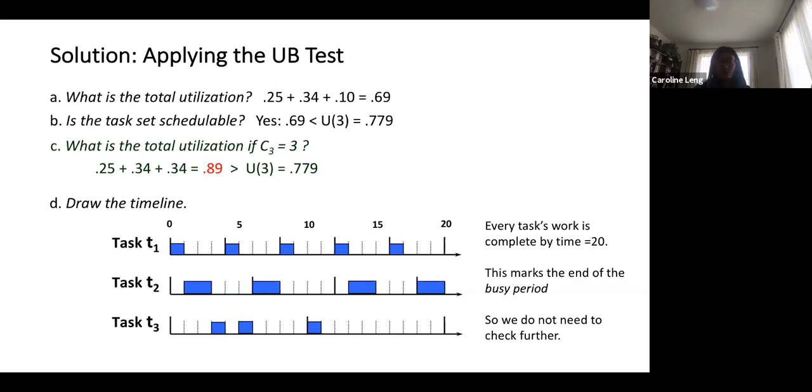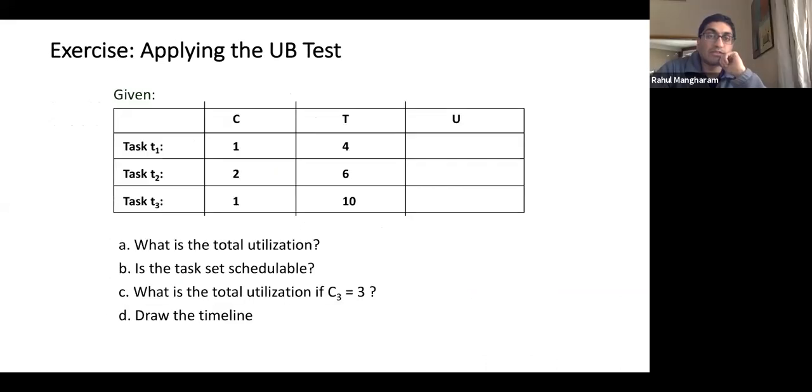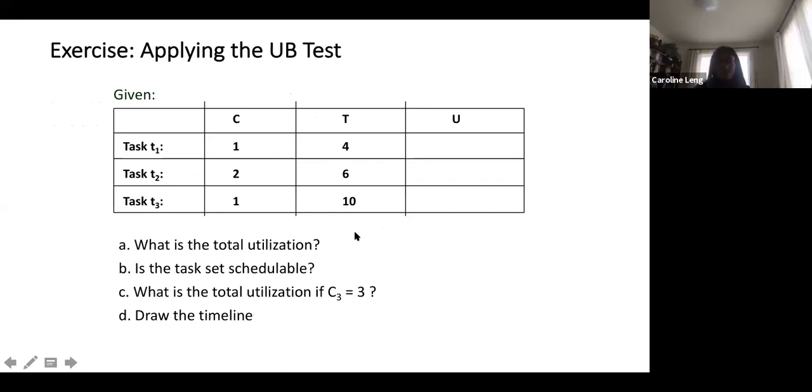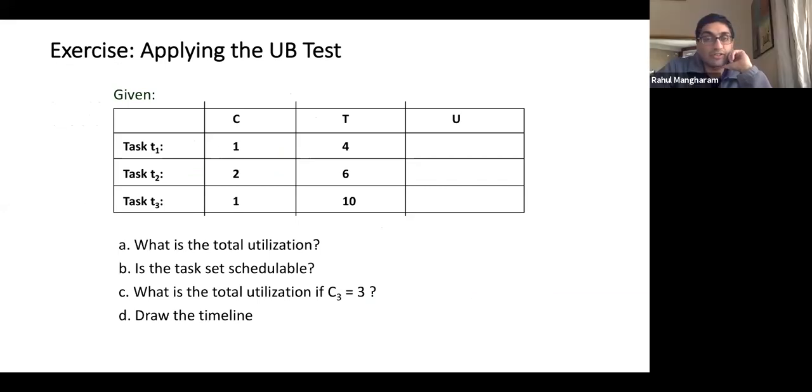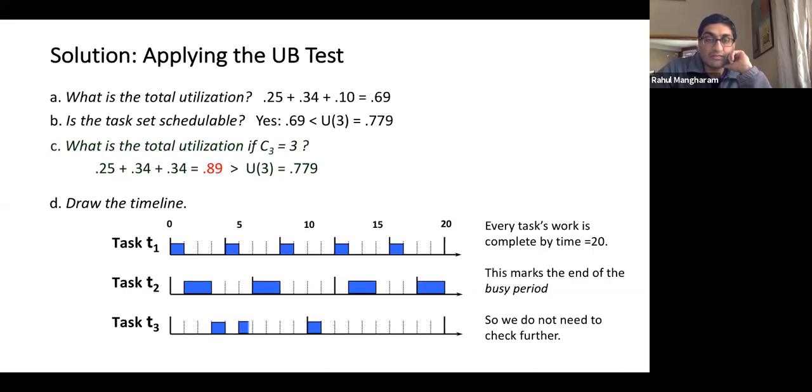What's the lowest common multiple of 4, 6, and 10? Is it 60? I feel like it should be smaller than that, actually. What is smaller than that? Yeah, so we'll go with 60.